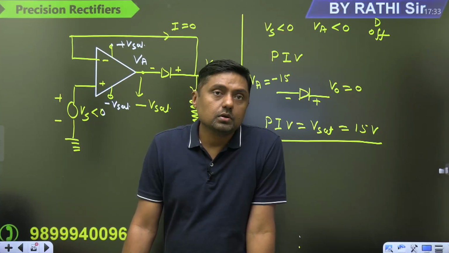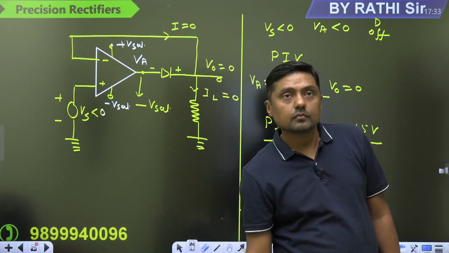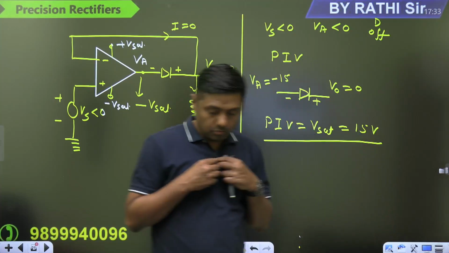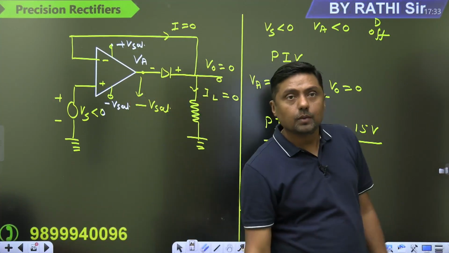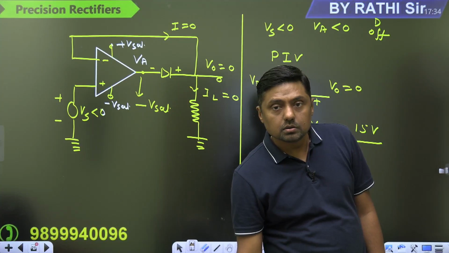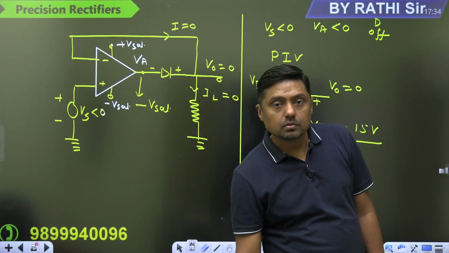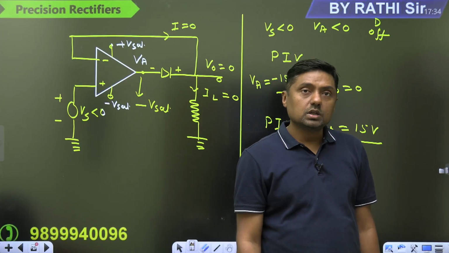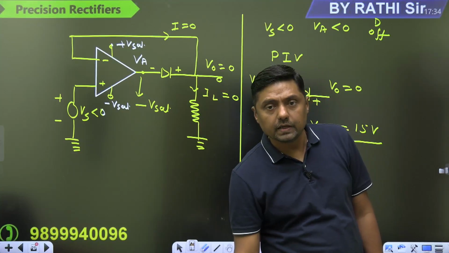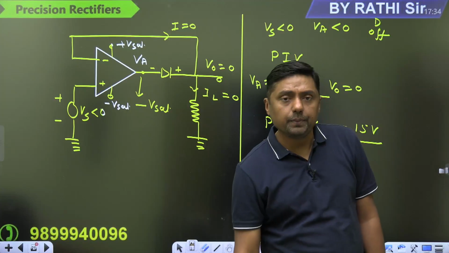Second diagram. How can we avoid the PIV? Give me 1 minute. Up to this point, if you have any doubts, you can ask. Just after a 5 to 10 minute break, we will start the next topic. So you can take a break also. And if you have any doubt, you can ask. Okay. Just a 10-minute break.